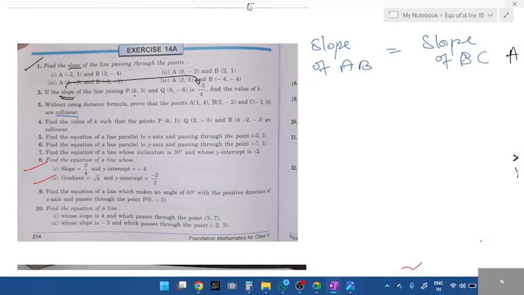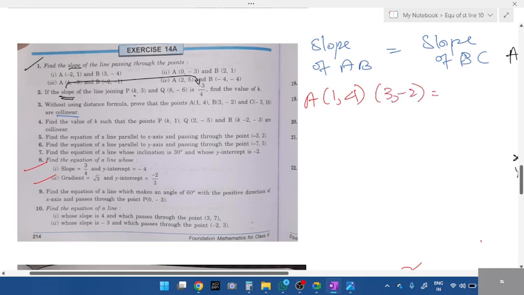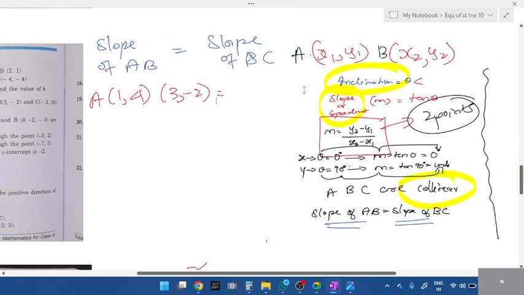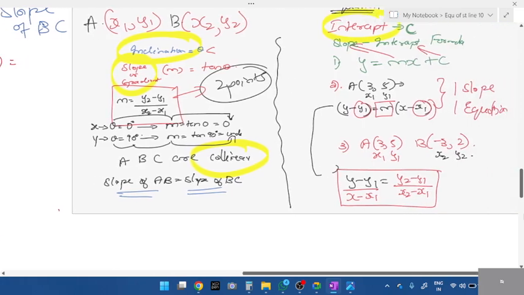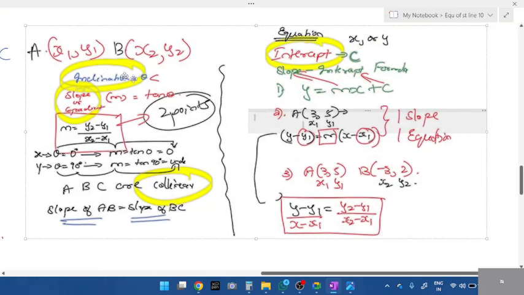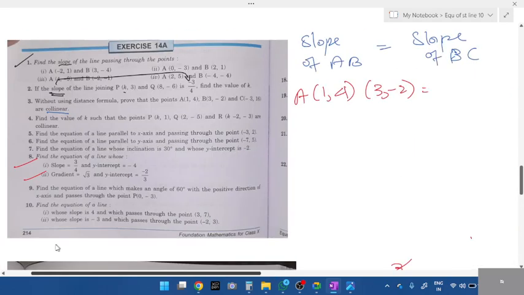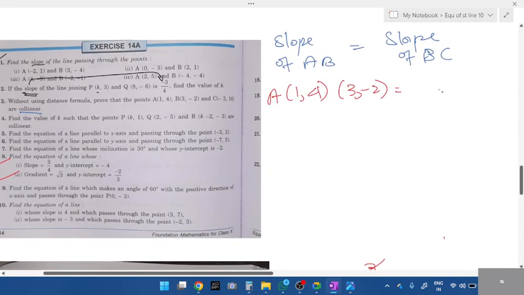You can do it separately or write it like this, students. You can even write it like this. A value is 1 comma 4. B value is 3 comma minus 2 is equal to slope of BC. Again B value.